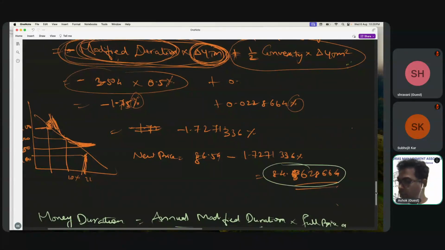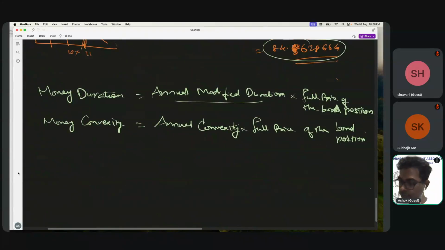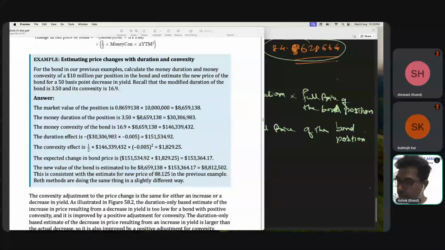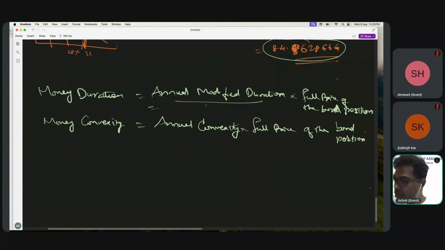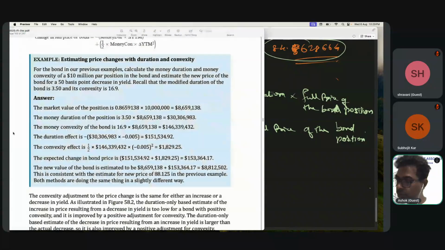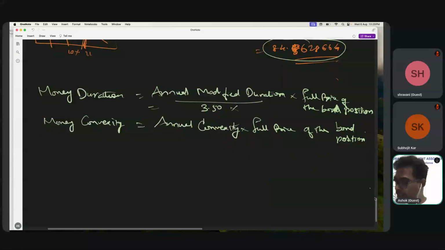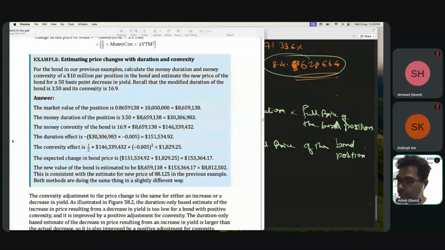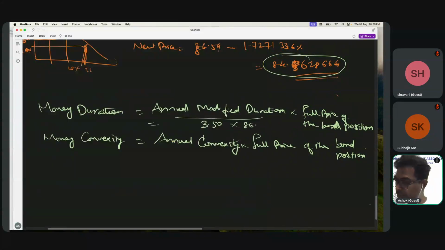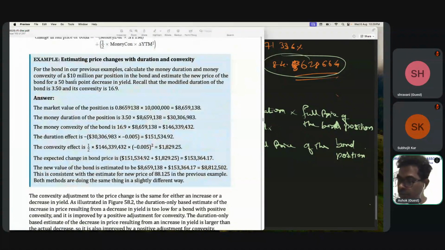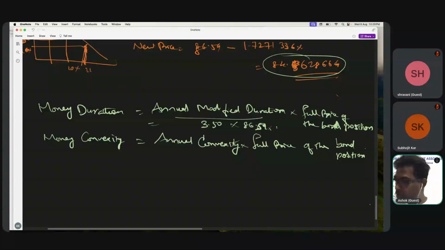Now, annual modified duration means total money duration I'm going to calculate. So, modified duration is what now? 3.50 into full price of the bond. Full price of the bond is 86.59, correct, is the price right now. So 86.59 into full price of the bond position into the par value is 10 million. So into 10 million. So this will give me total duration of the entire portfolio.